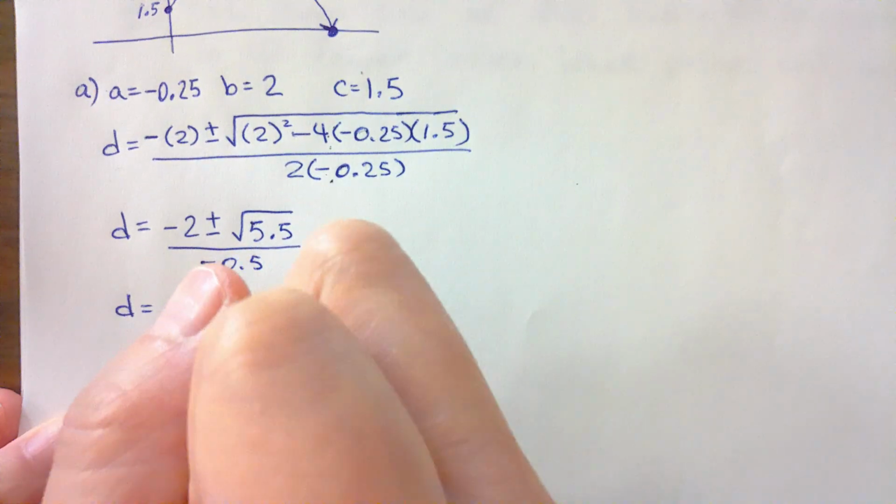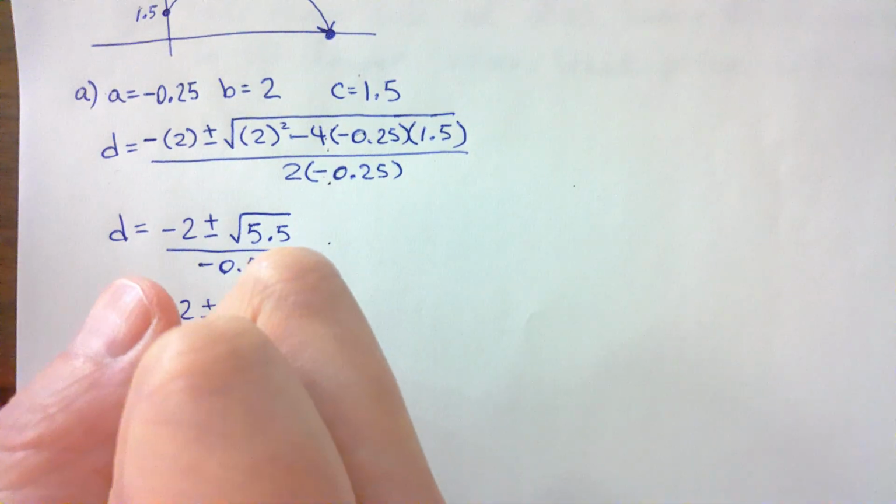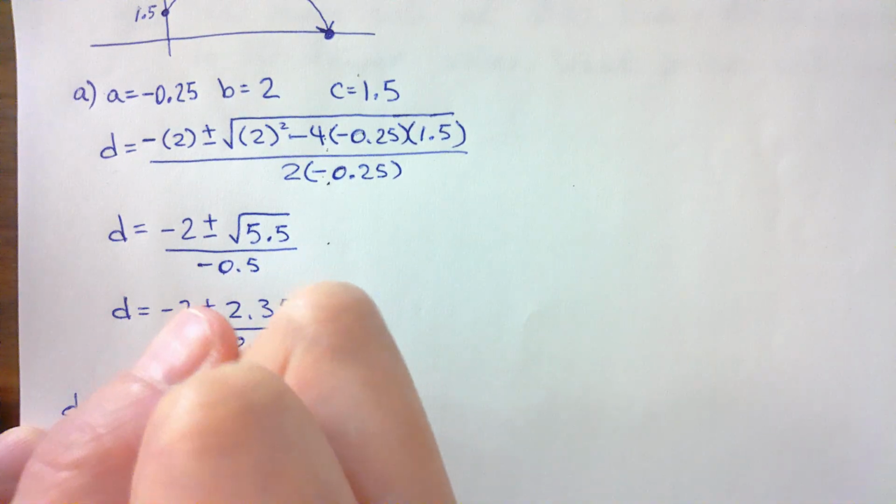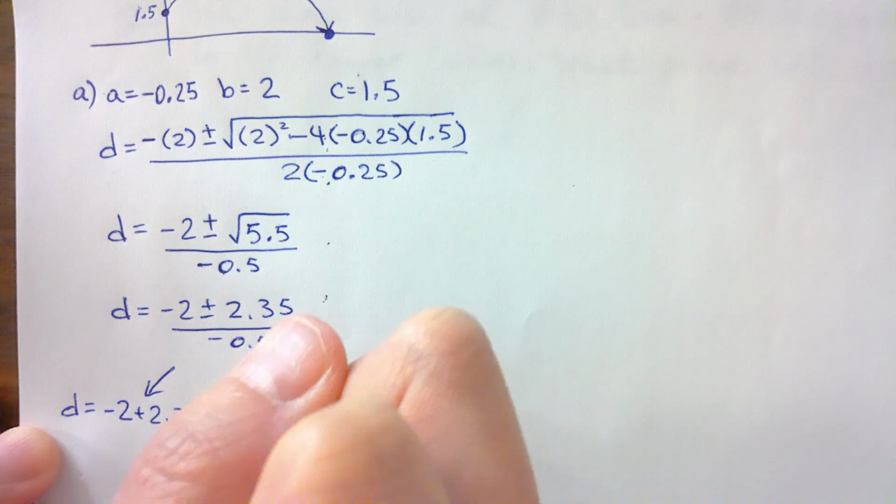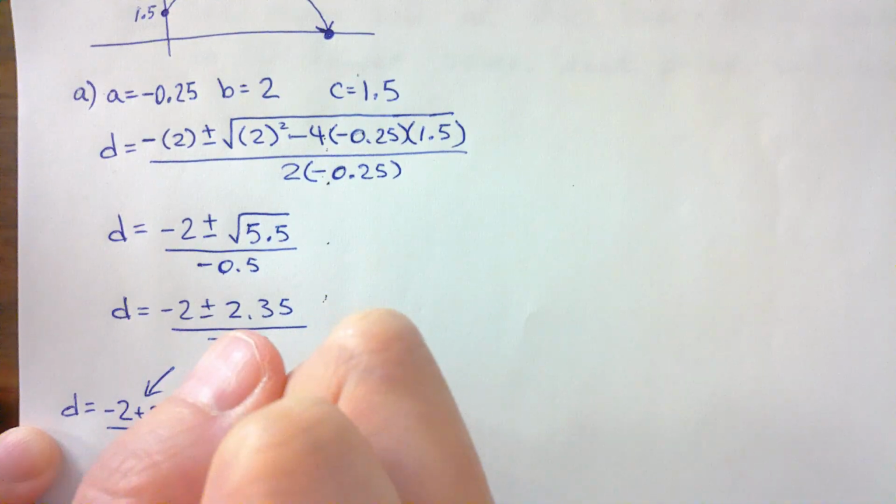Okay. So now I can do my two answers. This one is going to be -2 plus 2.35 over negative 0.5.